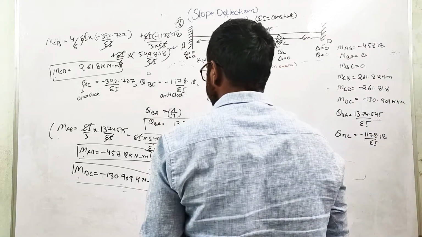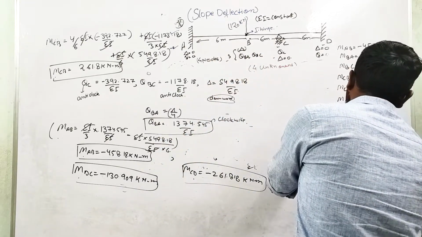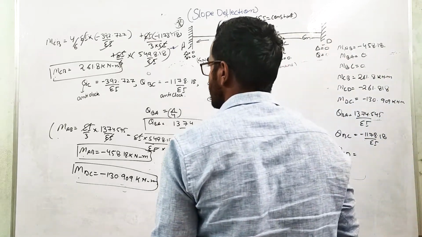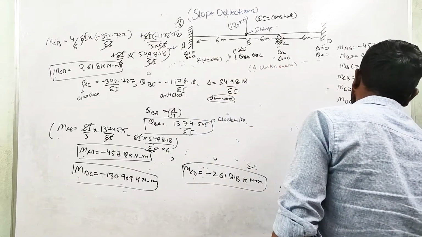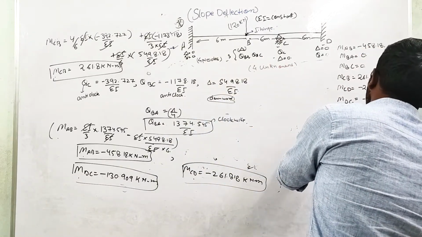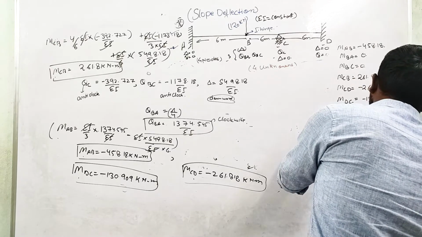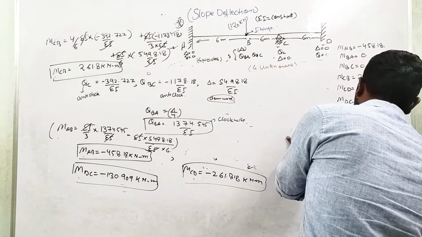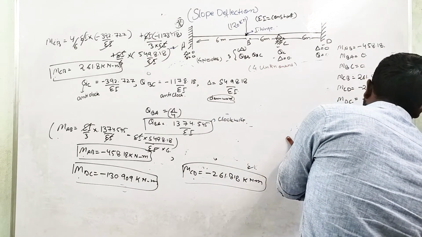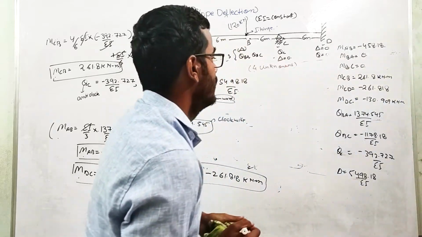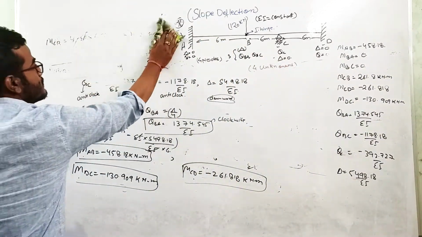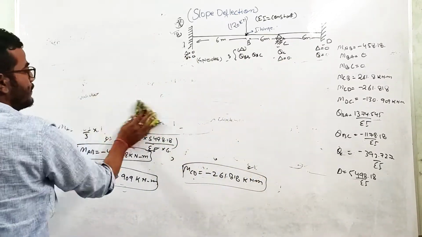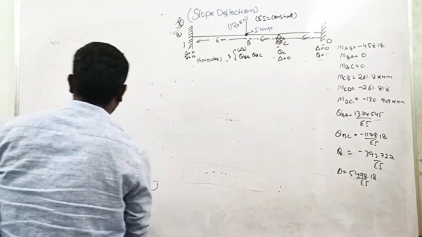And theta CB, theta C is equal to minus 392.727 over EI, and delta is 5498.18 over EI. So these are the values of the end moments and displacements we are getting by solving the slope deflection equations.